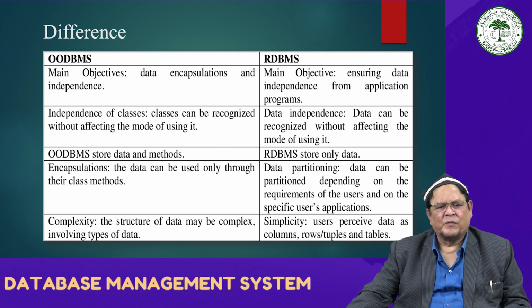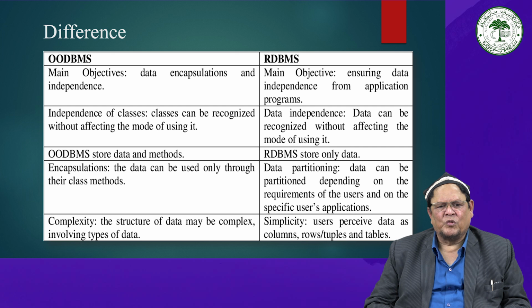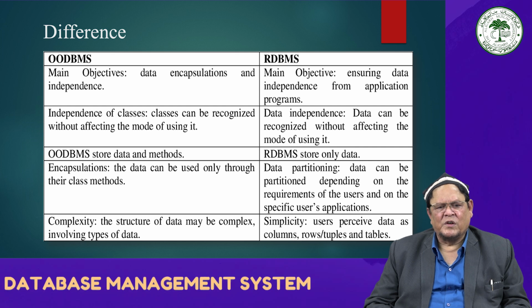Now let's discuss native support for object-oriented programming. An object-oriented database management system provides native support for object-oriented features, allowing developers to work directly with objects. On the other hand, a relational database management system relies on relational algebra for data manipulation, which may not align closely with object-oriented principles.